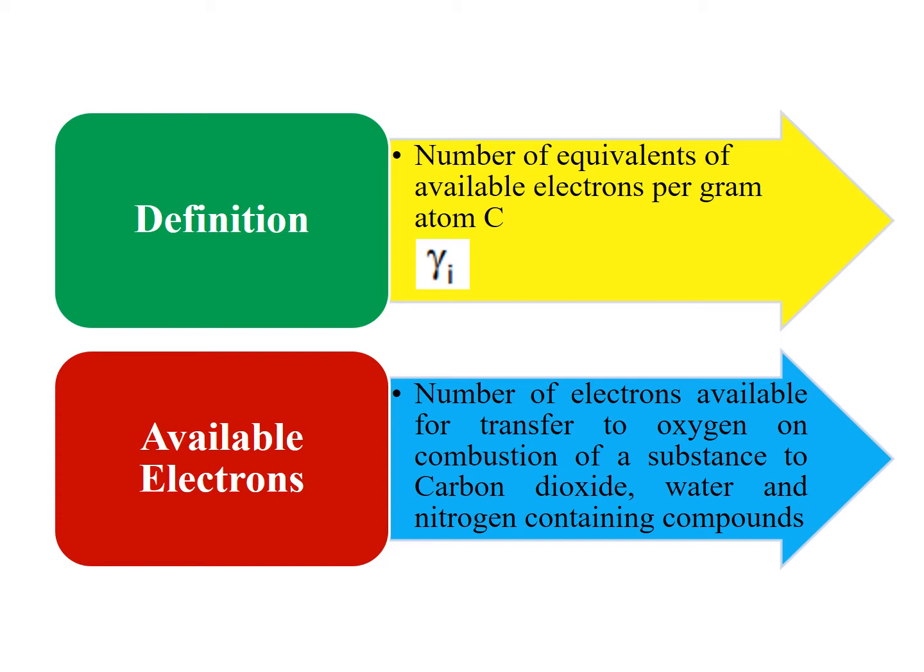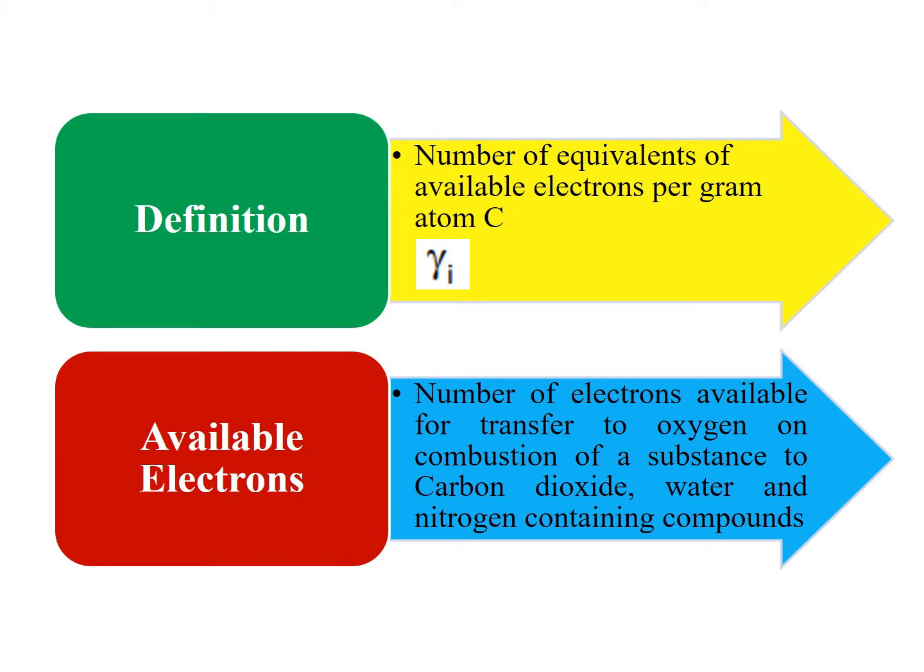We will look into the definition of degree of reduction. It is defined as the number of equivalents of available electrons per gram atom carbon. It is denoted by the symbol gamma with subscript i, where i denotes any compound or element, substrate or biomass, etc. In order to understand the degree of reduction, we should know what available electrons are.